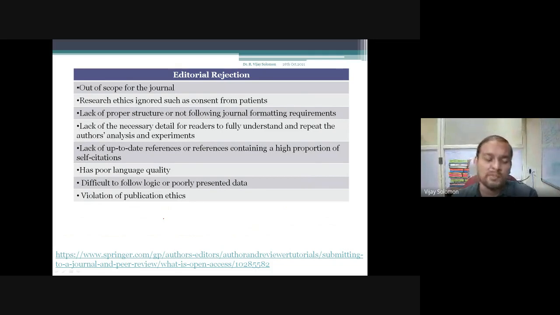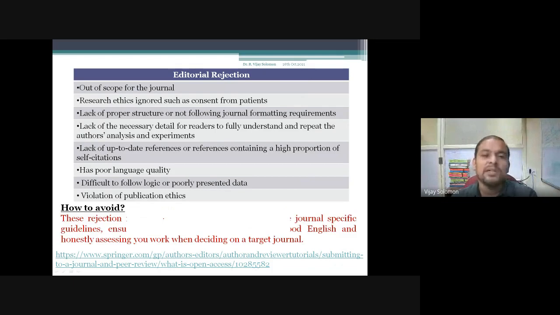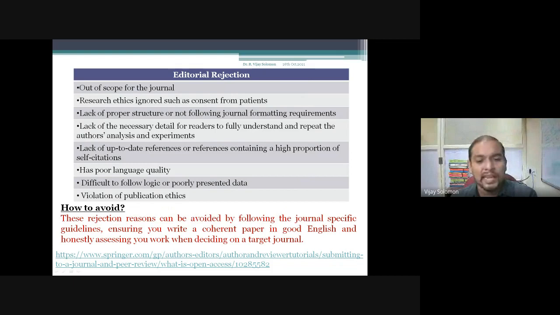Violation of publication ethics. If the editor finds any one of the things here in your manuscript, immediately it will be subjected to editorial rejection. So editorial rejections can be avoided when you follow the guidelines, ensuring you write a coherent paper in good English and honestly assessing your work when deciding on a target journal.